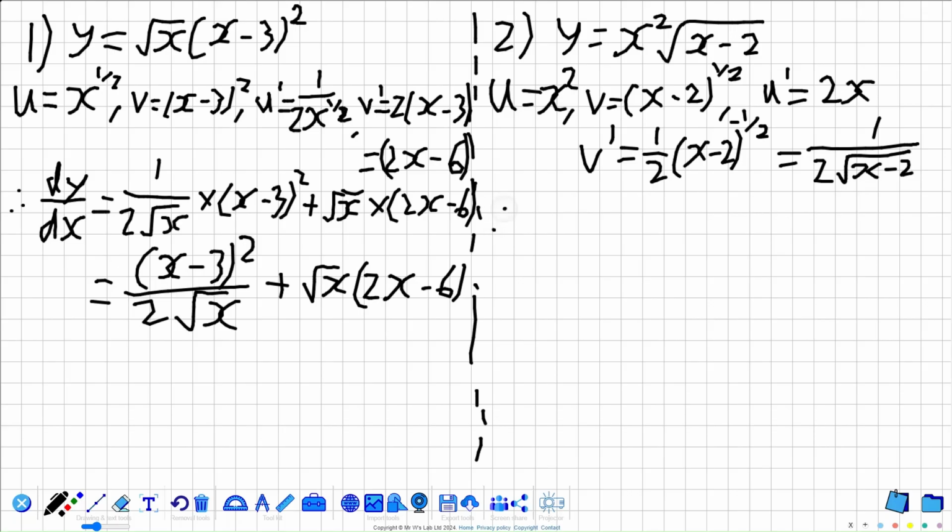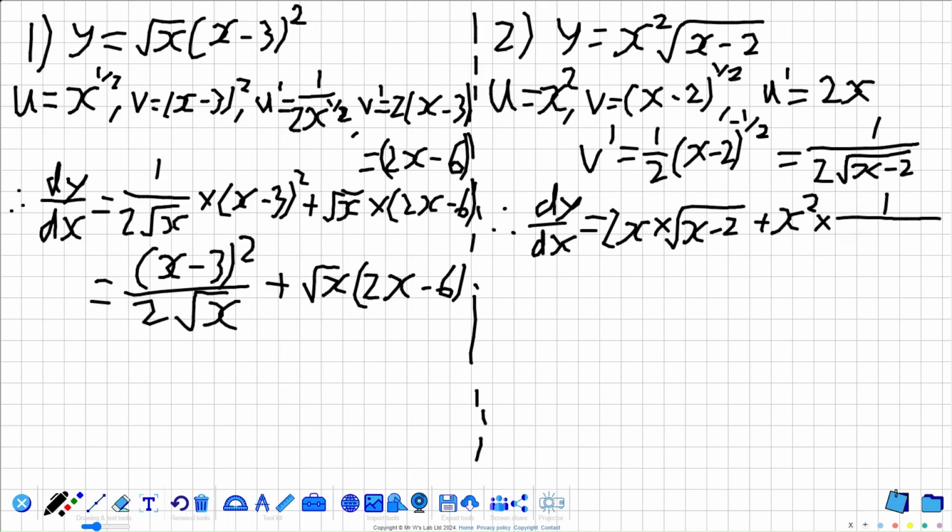And then we can just find the derivative, so dy over dx equals u dash, so 2x multiplied by, and this is where I can just write it as the root again, root x minus 2, plus, then we've got normal u, so that's x squared, and then we multiply that by v dash, which you've managed to work out is 1 over 2 root x minus 2. Excellent.